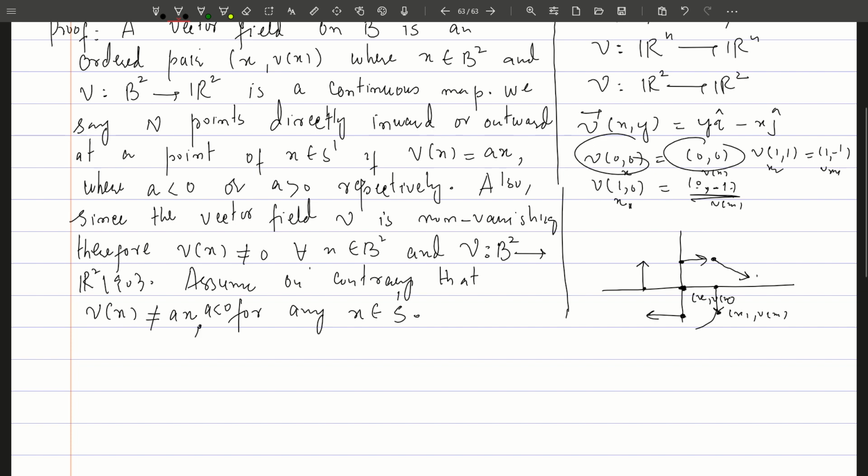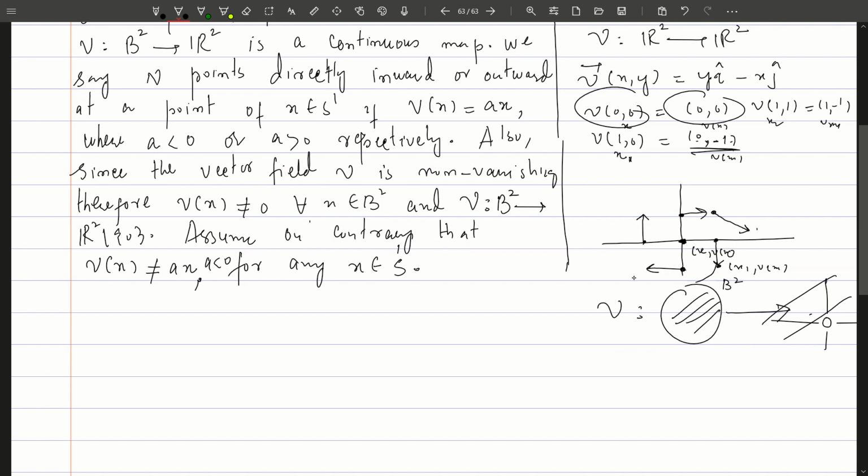So we take w to be the restriction of v on S1. We have this v, a map from B2 to the punctured plane. Here we have a puncture, this is the puncture, and this is our plane.